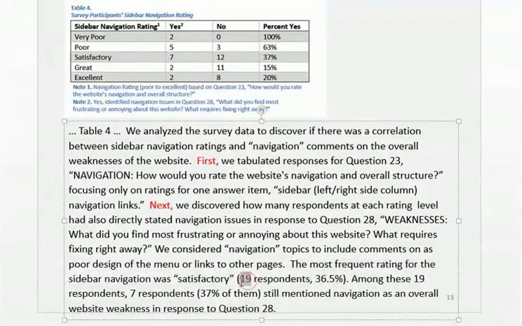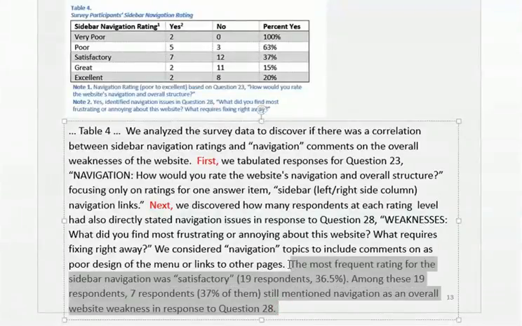The problem here is that 19 has no correspondence to any number in the table, and that's why I suggested that perhaps this column, instead of no, could be total number of respondents. This one here helps to explain among those 19 respondents, 7 of them still mentioned navigation as an overall website weakness.